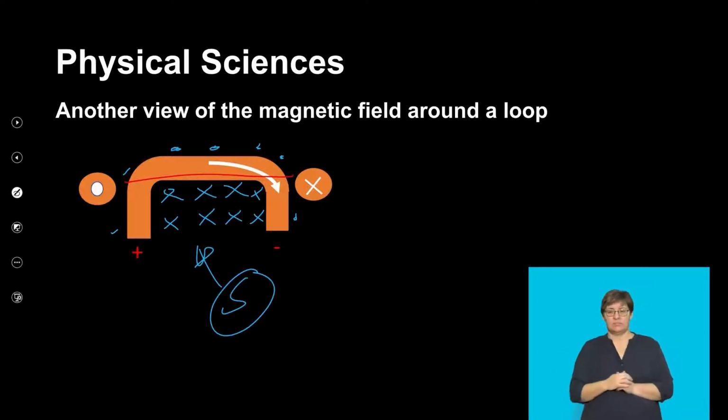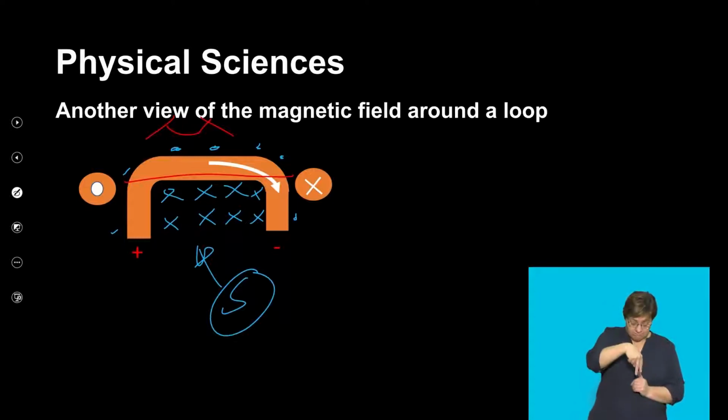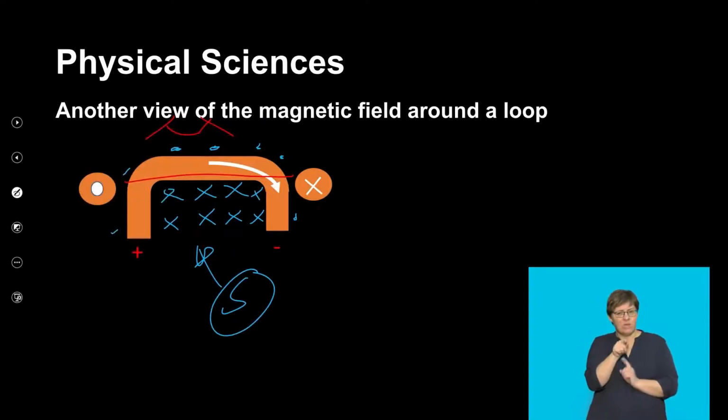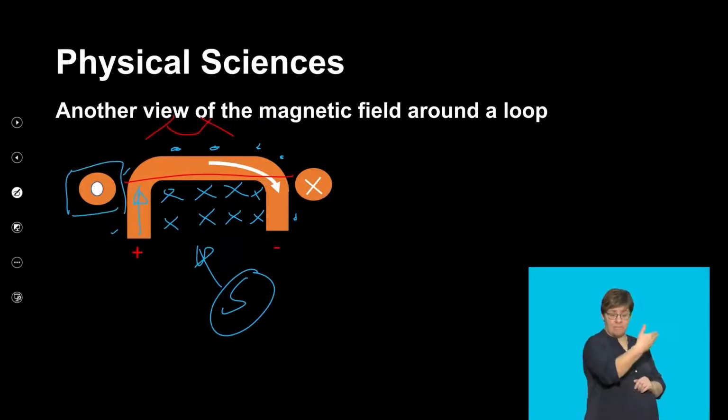Now we use our eye and look from the top. Looking down over here, we'd recognize that at this point, from the positive, the current is coming up over here. So we've represented the direction of the current in that position as a loop with a dot in the middle. But over here, the current is moving down.